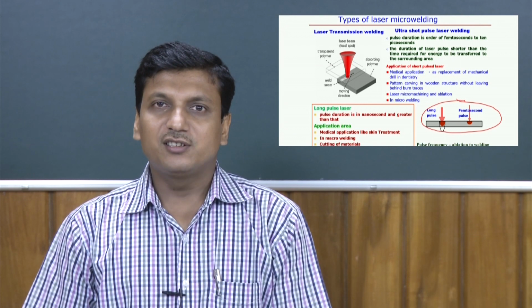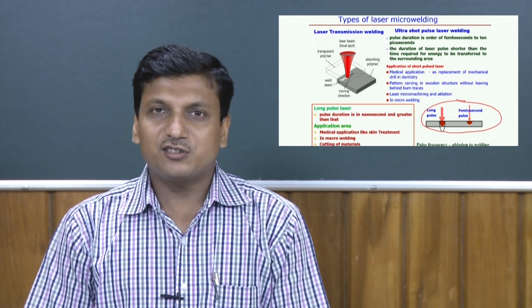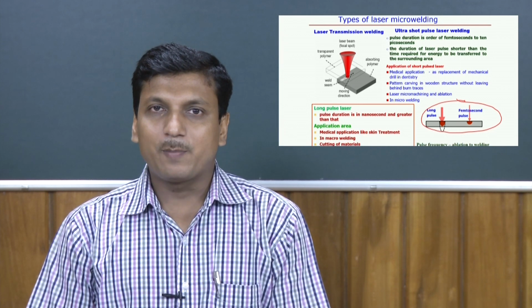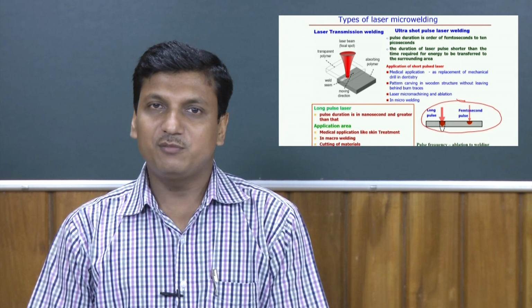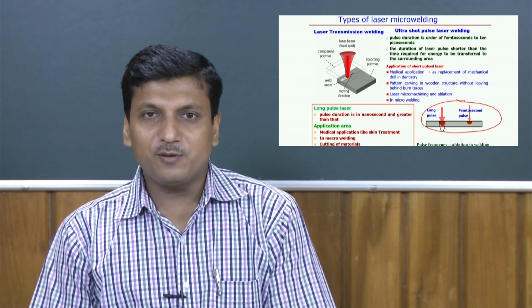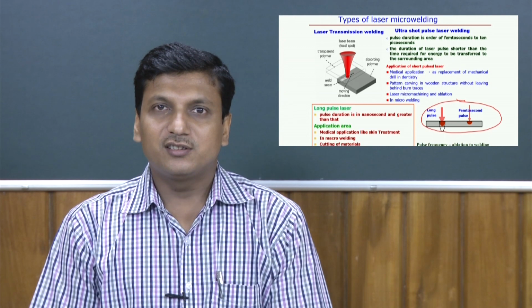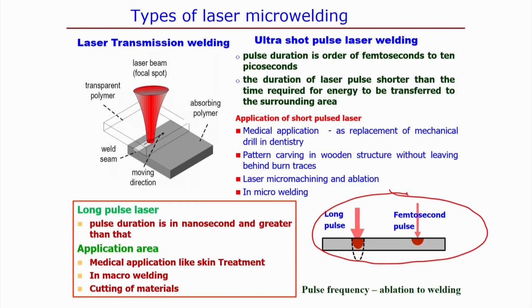Nowadays, ultrashort pulse lasers are used more effectively for joining dissimilar metallic materials, apart from non-metals, because so far the ultrashort pulse laser is used for welding, but more specifically for non-metallic material, maybe in terms of laser transmission welding.